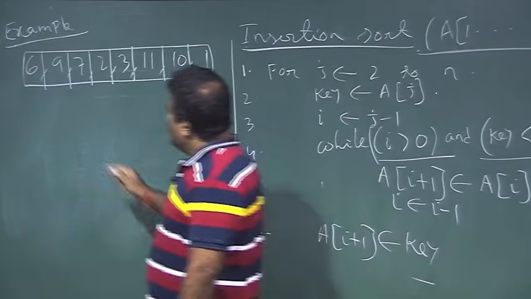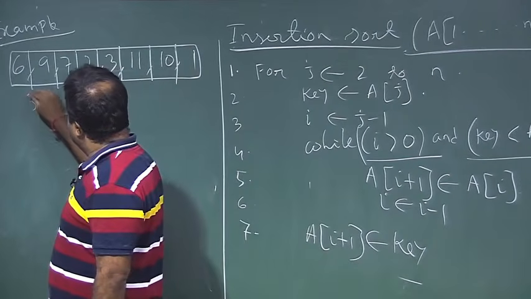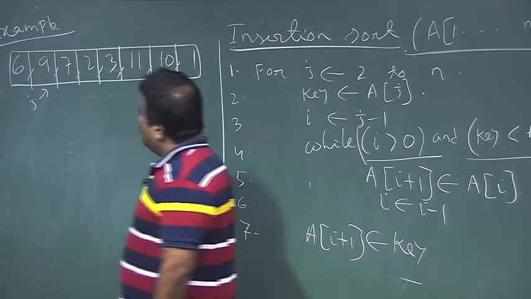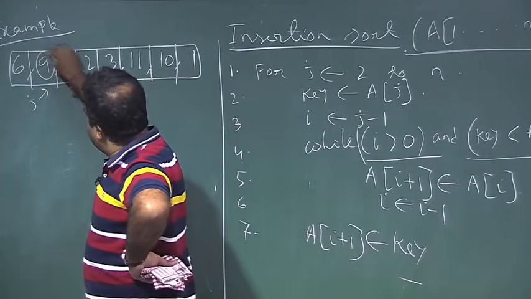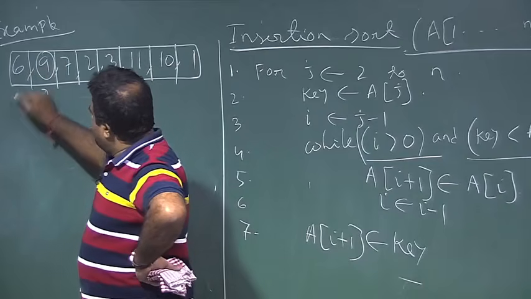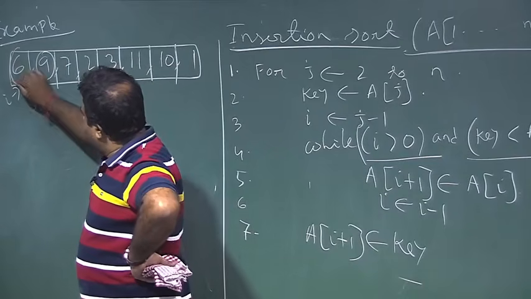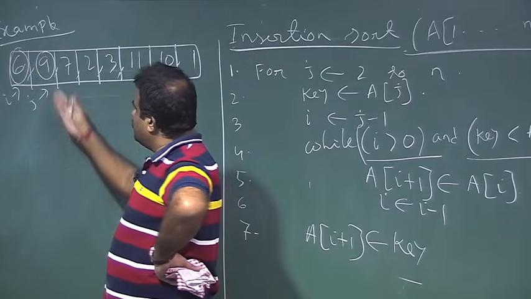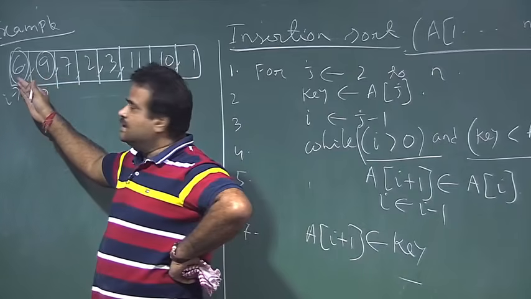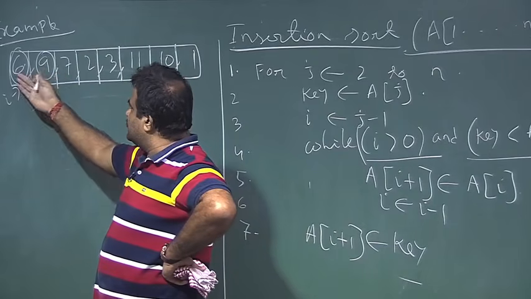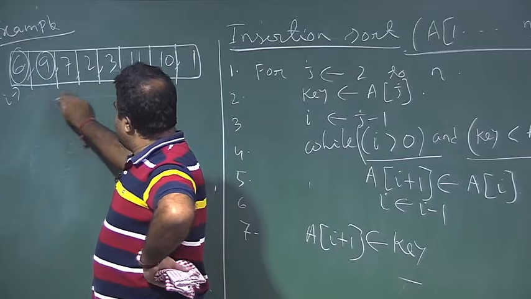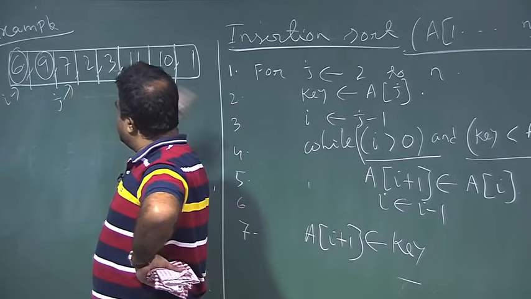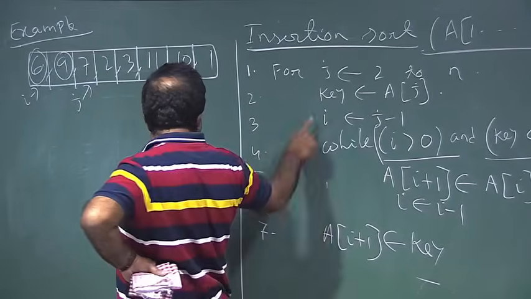So what do we do? We start with j from 2 to n. So j is pointing here. This is our key and i will be pointing at j minus 1. Now we compare 9 with 6. Now 9 is greater than 6, so we do not need to do anything. We just increase j by 1, and that will be taken care of by the for loop.